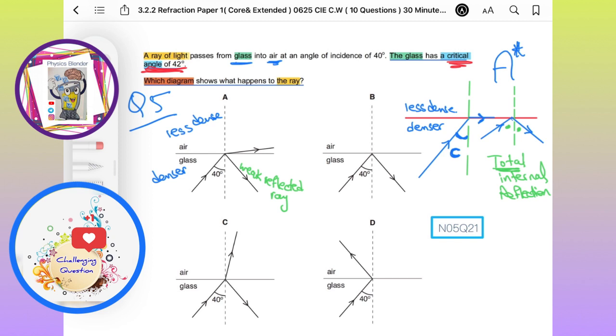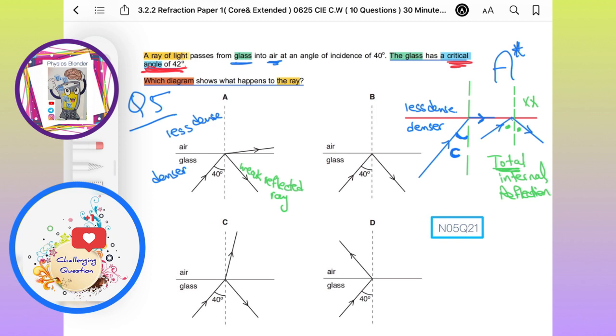But here, there is no refraction at all, and all the rays are totally reflected inside the denser medium. That's why we call it total. So we don't have partial refraction and partial reflection. No, we have total internal reflection.